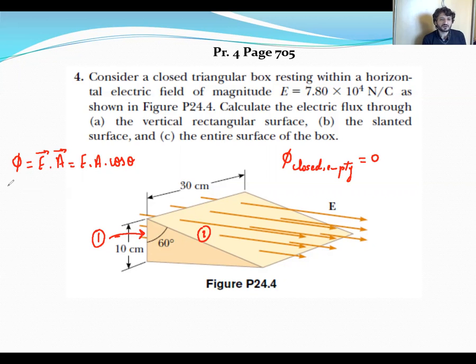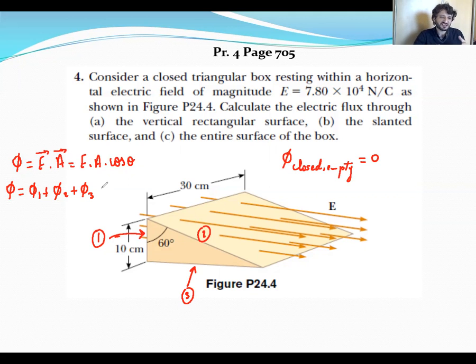In this case, the total flux equals flux 1 of the back side, where we have a rectangular surface, plus phi 2 through the inclined plane surface, plus phi 3 at the bottom side.